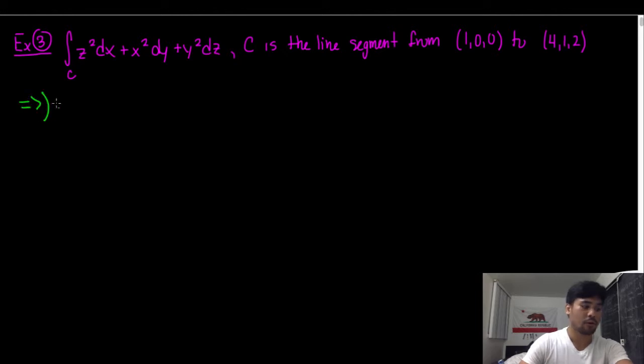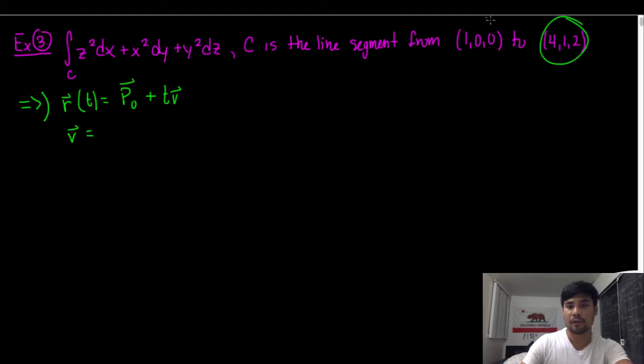If you recall, the general parametric equation, you start at some point and we'll add some scalar multiple of some vector. Okay, and it looks like v in this case is going to be the difference of these two points, these two vectors.